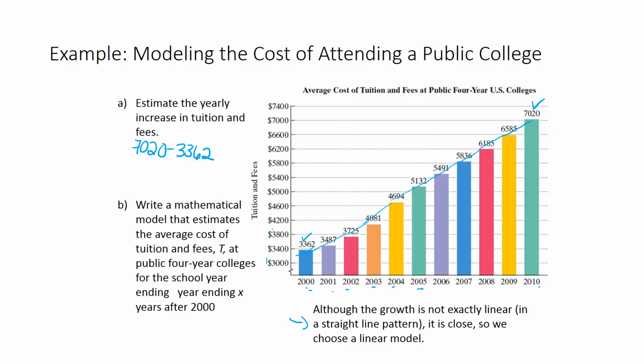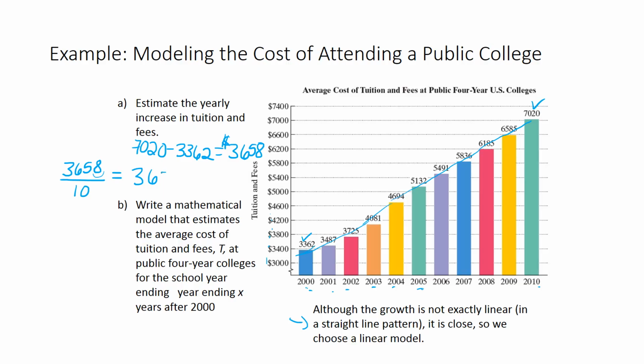So it increased $3,658, but that's not dollars per year. We need to take that, and that's over a 10-year span, so we're going to divide that by 10, of course, which we can do in our head. Dividing by 10 just means move the decimal over one place.